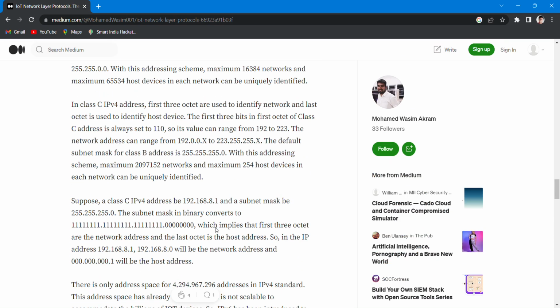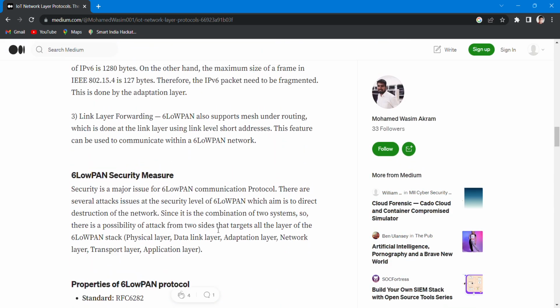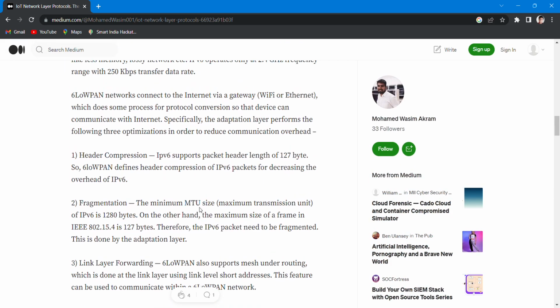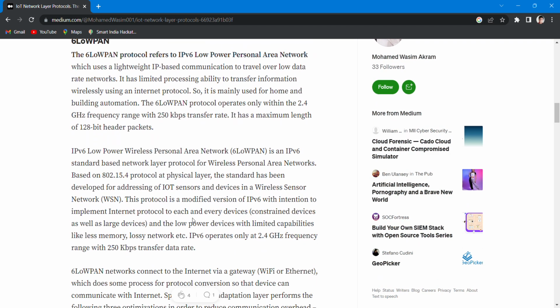6LoWPAN. One such protocol built on top of IP is 6LoWPAN, which stands for IPv6 over low power wireless personal area network. 6LoWPAN is designed to enable low power wireless communication for IoT devices using the IPv6 protocol.